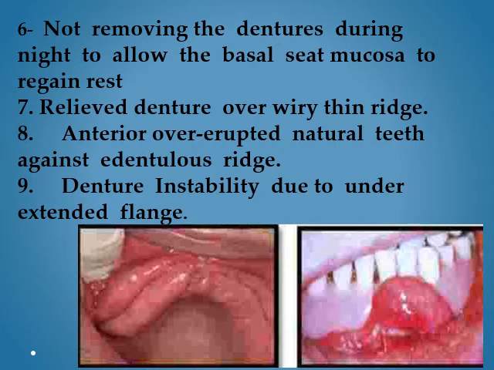Note: remove the denture during the night to allow the basal seat mucosa to regain rest. Relieve the denture over a wiry thin ridge, anterior over-erupted natural teeth against an edentulous ridge, and denture instability due to an underextended flange.